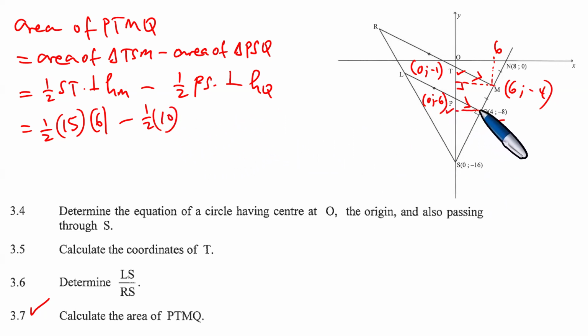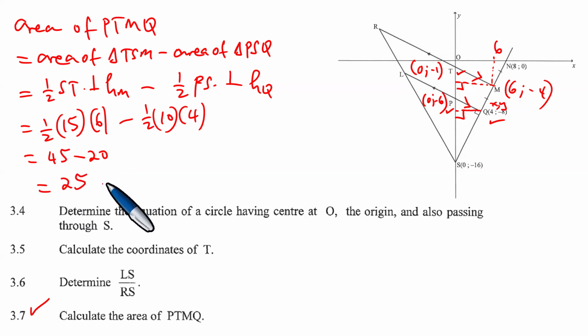The height is this one, on the x, y, so yeah, and therefore it's only 4. Okay, so now we look at this as 45 minus 20. 45 minus 20 is 25 square units.